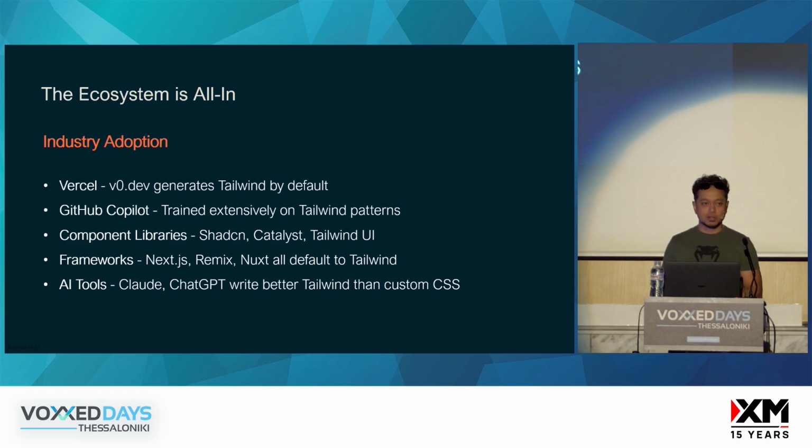AI tools, Claude, ChatGPT, write better Tailwind than custom CSS. React developers here, you're going to be happy if I tell you something secretly. Do you know that AI coding models are trained better in React? It's really good.